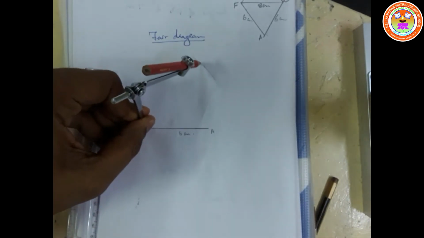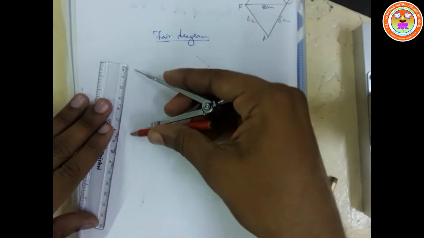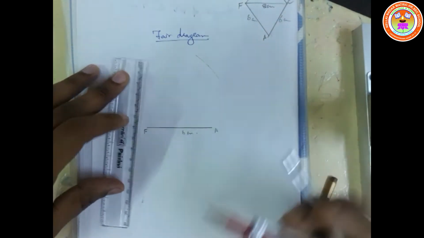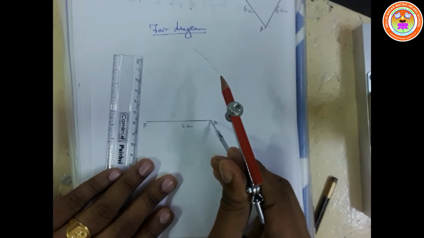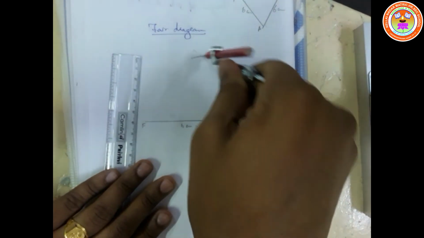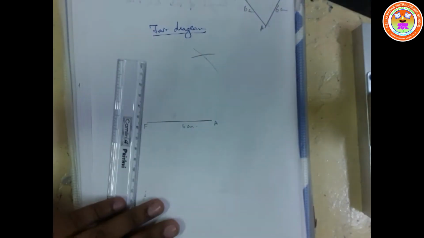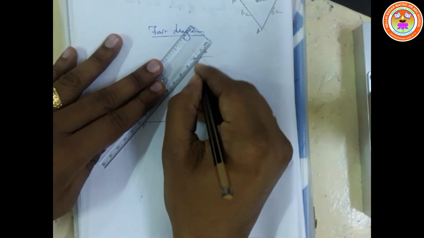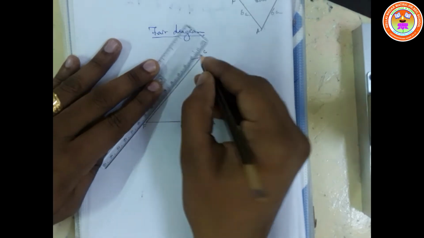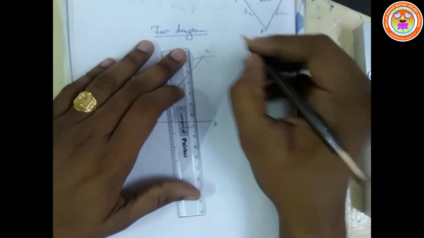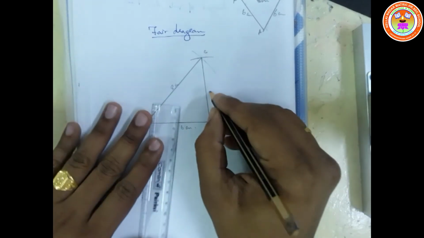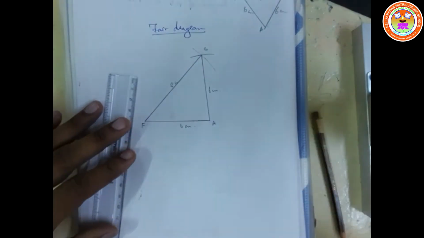Then take 6 cm, since all the sides are equal, cut the previous arc. Mark this point as C. That means FC equal to 8 cm and FA equal to 6 cm. You will get a triangle like this.